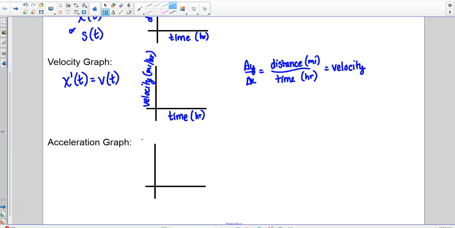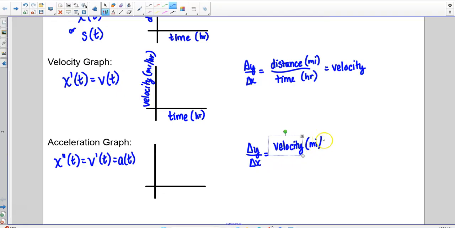Then I can take the derivative again. If I take the derivative again, this time, this would be like x double prime or v single prime, right? That is going to give us our acceleration. That's a of t. And that is because if we take our velocity graph and think of doing change in y over change in x for that, well, our y on the velocity graph is velocity in miles per hour.